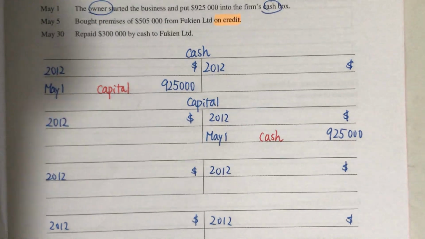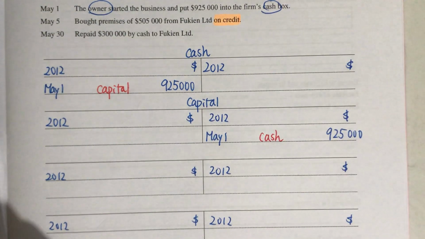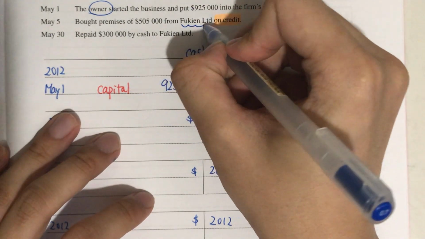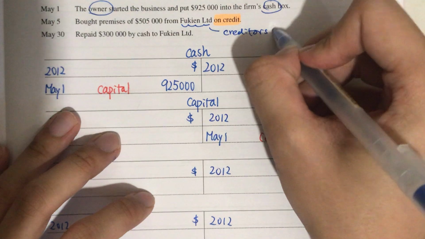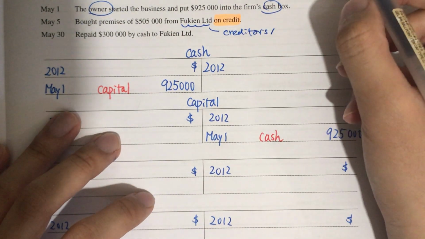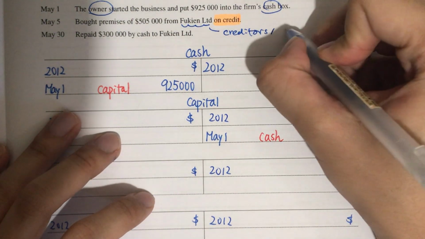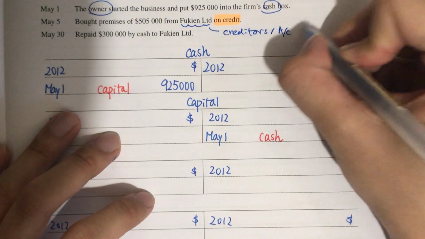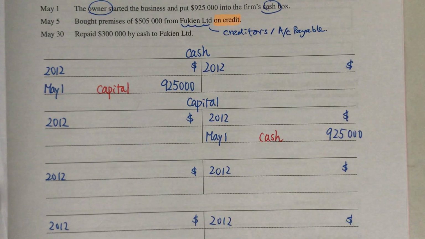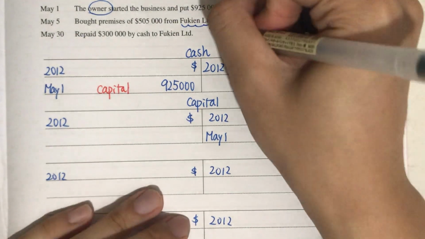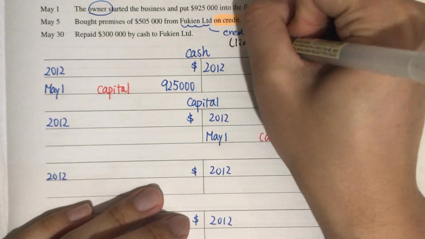So you will see P.9 Limited is our creditor, or in other words, our account payable. So this is the liability.